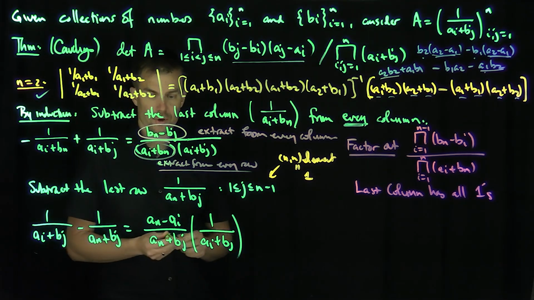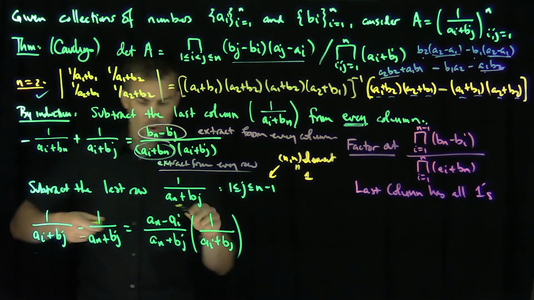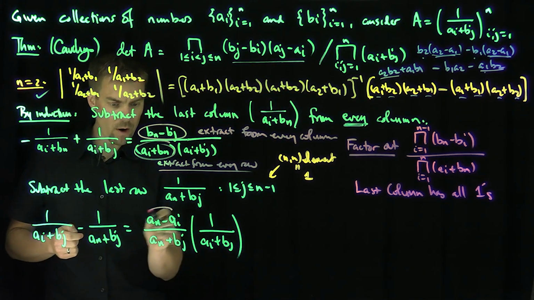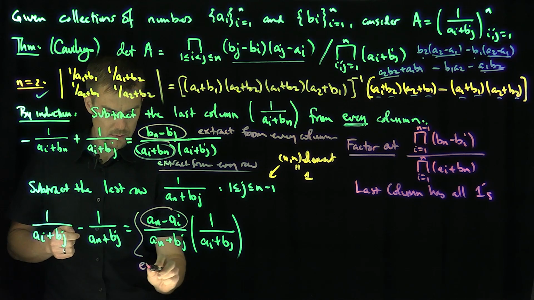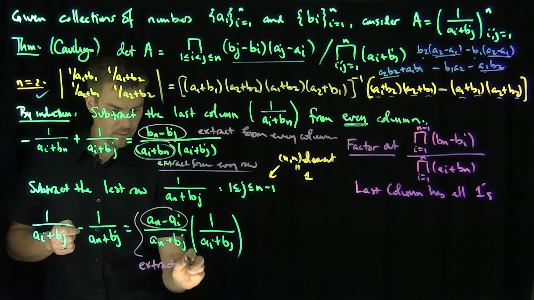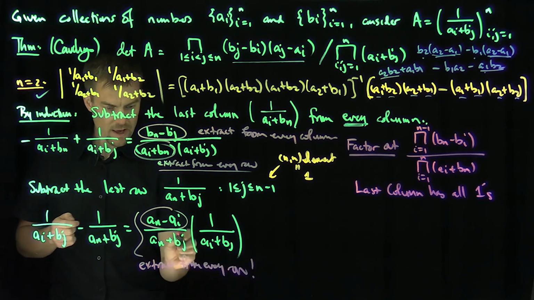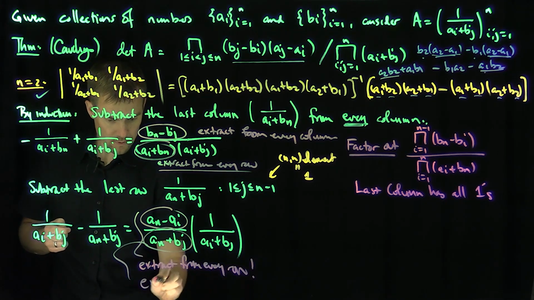Good. So now I'm going to pull this out of every what? We're going to take this thing over here and extract this from every row, and we're going to extract this from every column.